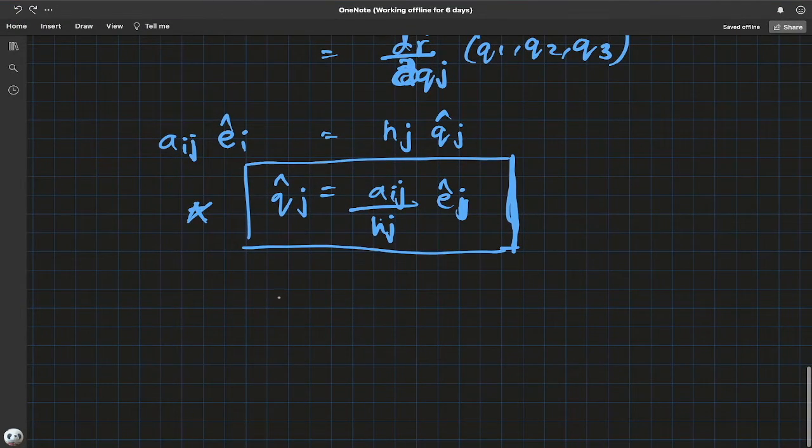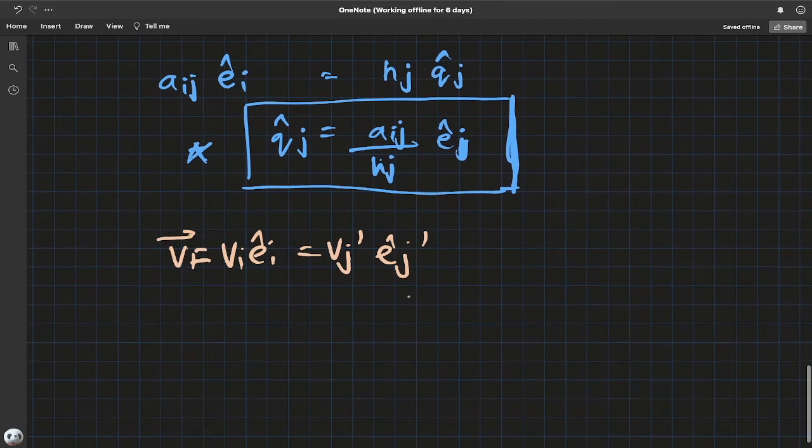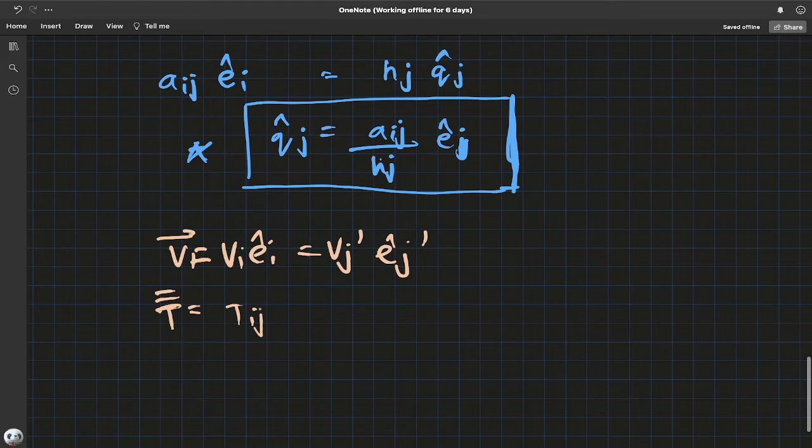Okay, so say we have our vector v sub i e sub i hat equal to v sub j prime e sub j prime hat, and we have our tensor, say a rank 2 tensor, t sub ij e sub i hat tensor e sub j hat.